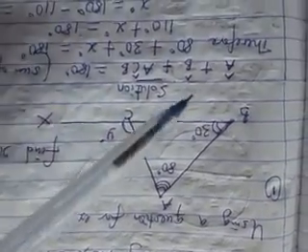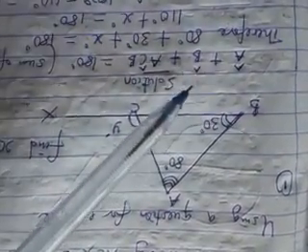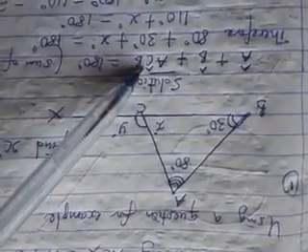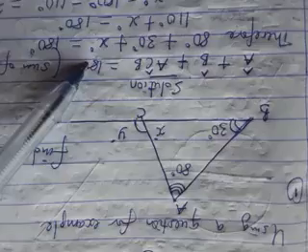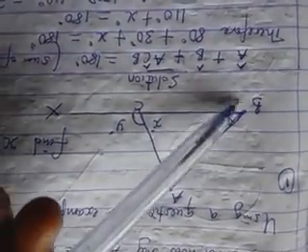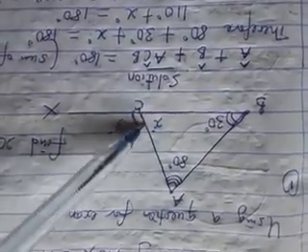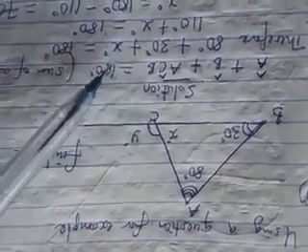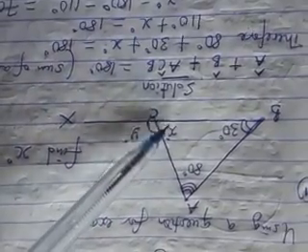Let us prove it. Since angle A plus angle B plus angle C is equal to 180 degrees, let's find angle C, which is X degrees.